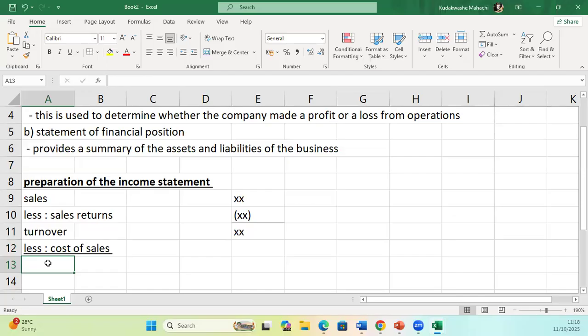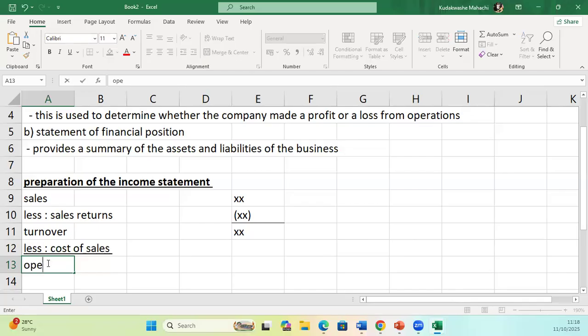But if you're buying and selling, the cost of sales consists of the cost of buying. It could be the procurement cost plus carriage cost.